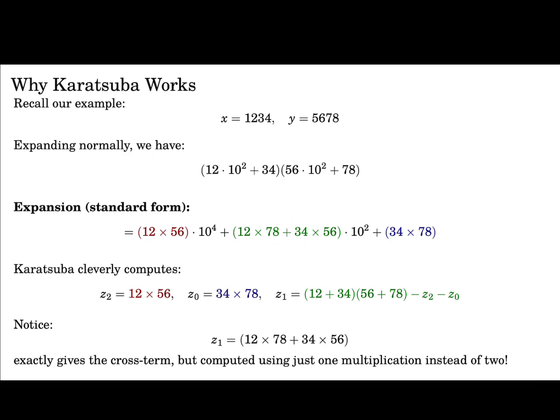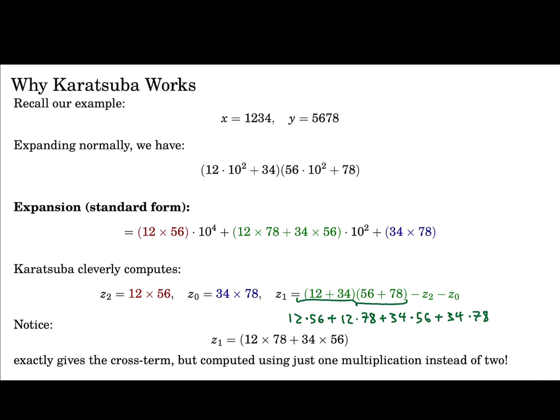So let's write this out here carefully. So z1, let's just open up this part here. If you open up this part, you get 12 times 56 plus 12 times 78 plus 34 times 56 plus 34 times 78.